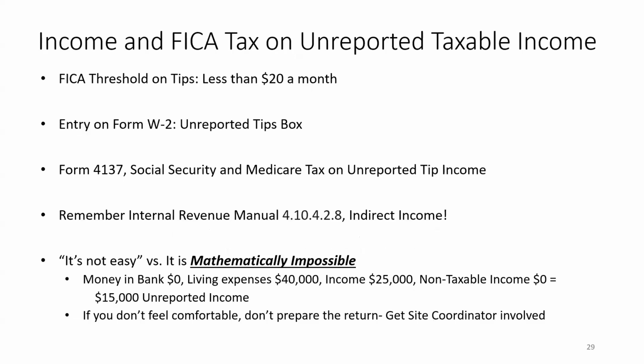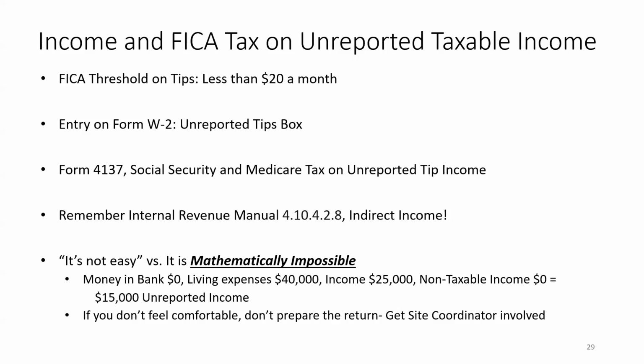FICA, we do see this. And again, I just want to remind everybody, when you're talking to taxpayers about income, you tell yourself that everything is included in gross income unless otherwise excluded. When you have someone who's receiving tips, whether they receive $1 in tips or $100,000 in tips, tips are included in gross income.